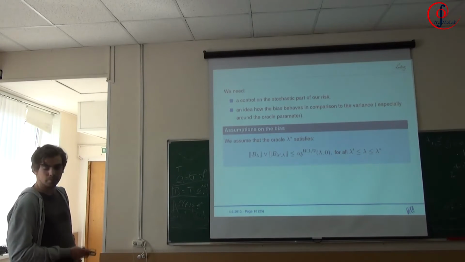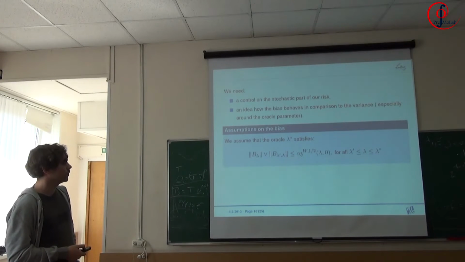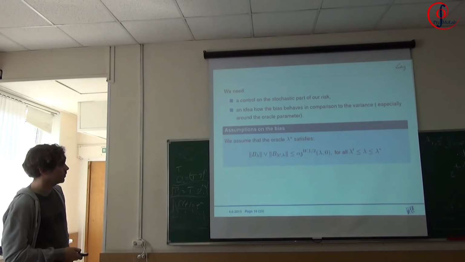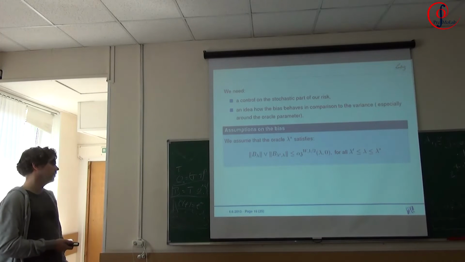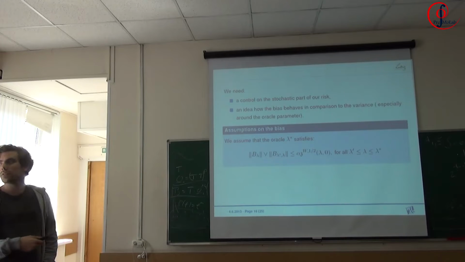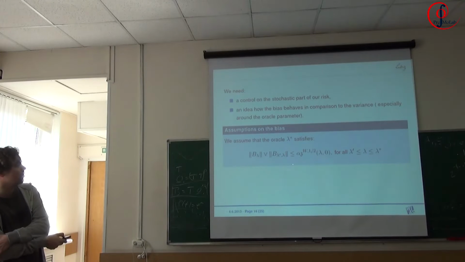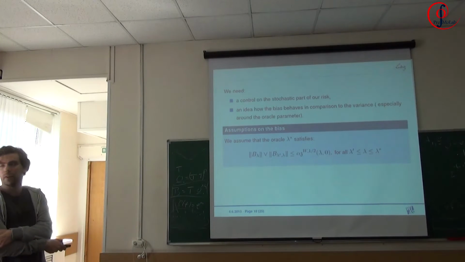And what you say is that below lambda star there is no significant bias compared with the corresponding standard deviation of the stochastic part. We put this in as an assumption, but it's fulfilled if you look at Lepski's method in some settings. This is normally fulfilled, sometimes in nice cases.